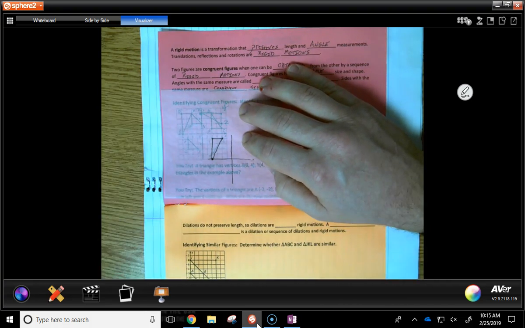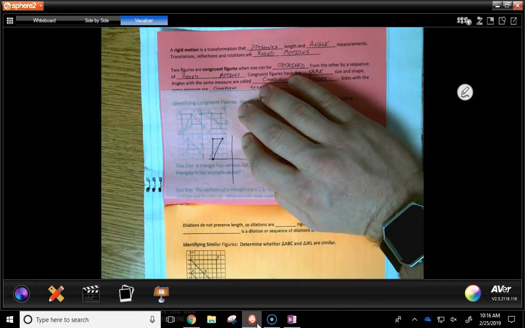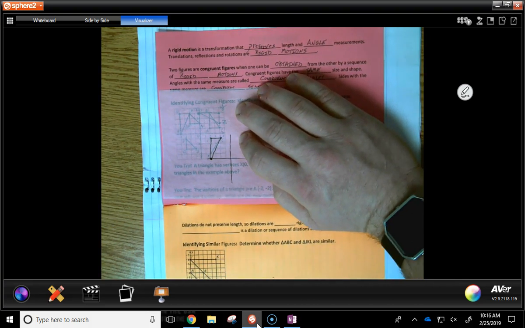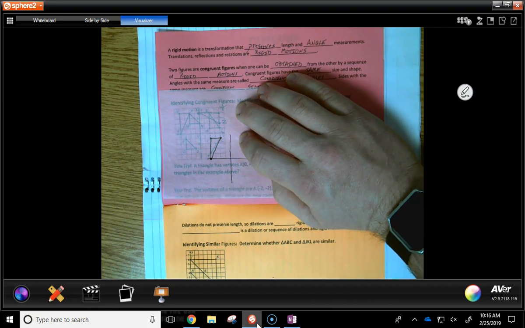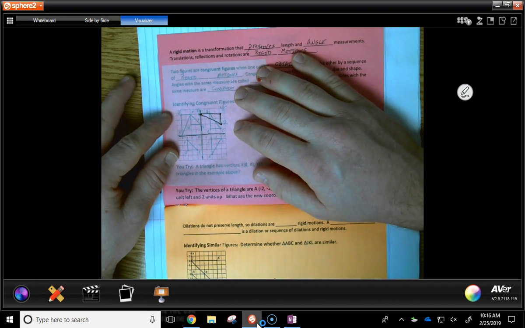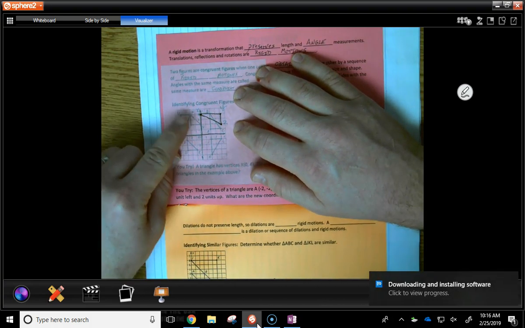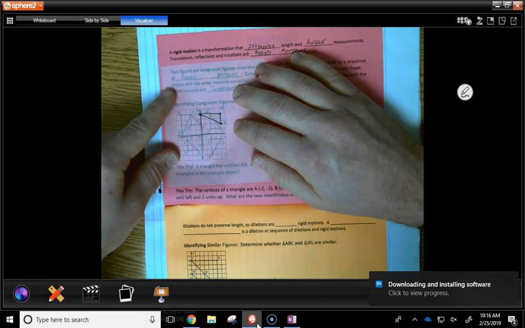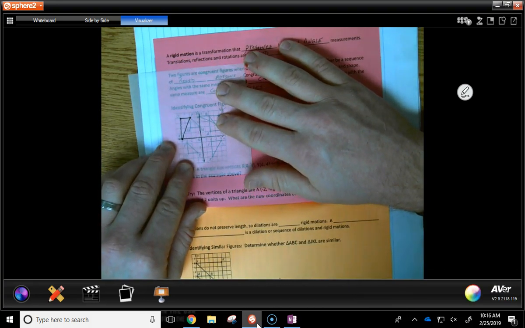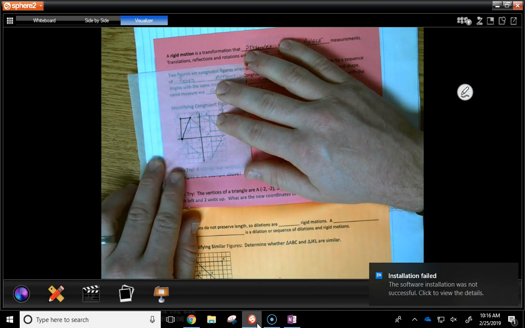This is how we're physically being able to check these. This is why this unit should be fairly easy, is we can physically manipulate everything. We can see what is happening. So once again, all I did was, there was my original triangle. I went to this triangle over here. I rotated my paper 90 degrees counterclockwise, and they lined up perfect.